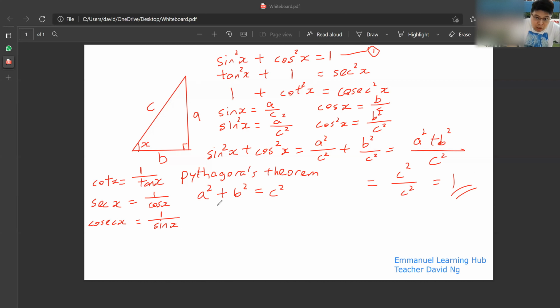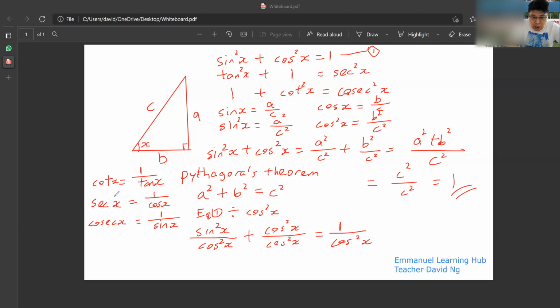So your tangent square x plus 1 is secant square x. How do I get that? My equation 1 is going to be divided by my cosine square x. Equation 1 is sine square x plus cosine square x equal to 1. So I have sine square x divided by cosine square x plus cosine square x over cosine square x is equal to 1 over cosine square x.